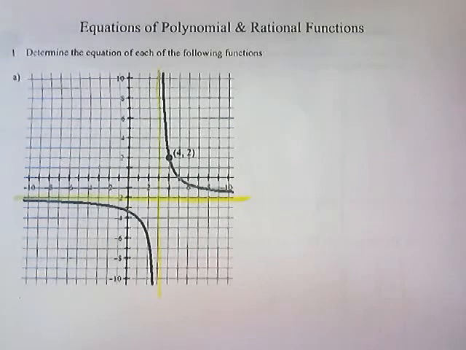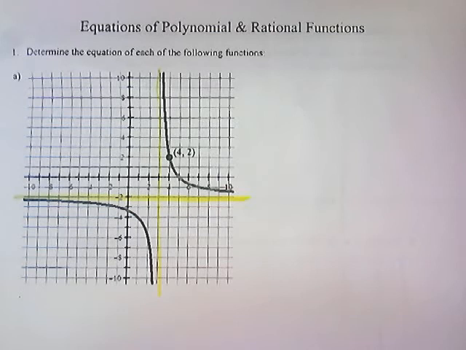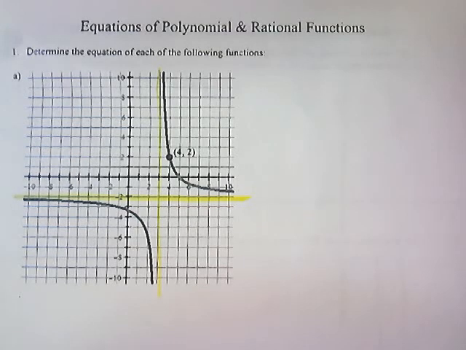When using the equation, the numerator is where we get our x-intercepts from, and the denominator is where we get our vertical asymptotes from. So I'll start by pulling the x-intercepts and vertical asymptotes out of the graph, and then see if I can use that to put together an equation.